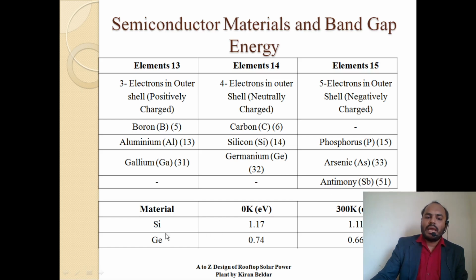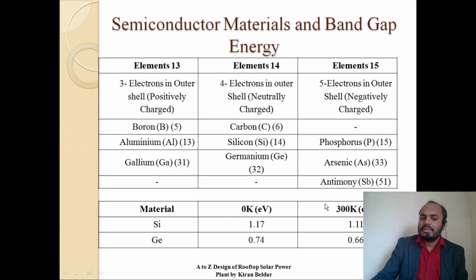Generally, silicon and germanium are the two main materials that many companies use to manufacture solar cells. At 0 Kelvin, silicon has 1.17 electron volts of band gap energy and germanium has 0.74 electron volts. At 300 Kelvin, silicon has 1.11 electron volts of band gap energy and germanium has 0.66.